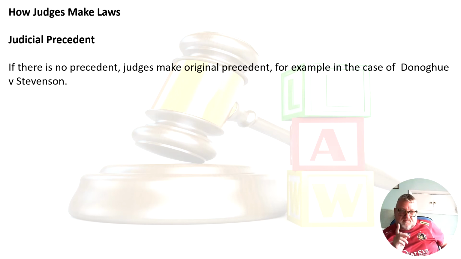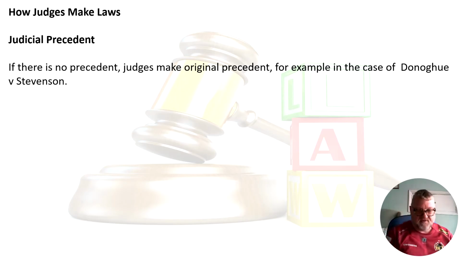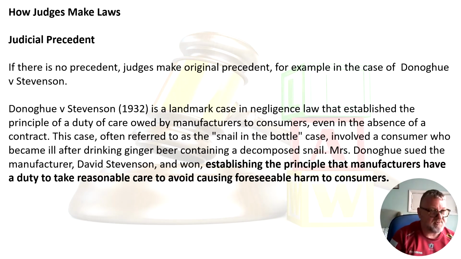If there isn't a precedent, then judges' decisions will form the original precedent, which means they're creating law which all other judges then have to follow in the future. The example used in the textbook is the case of Donoghue versus Stevenson, and I would learn this one.